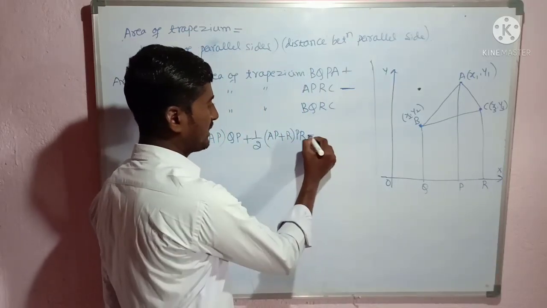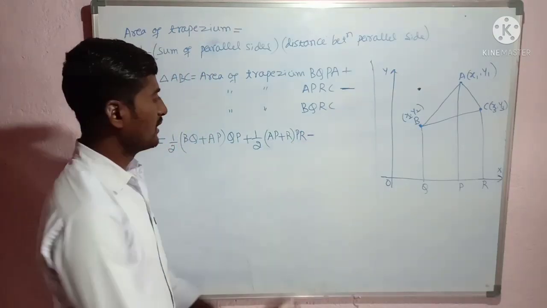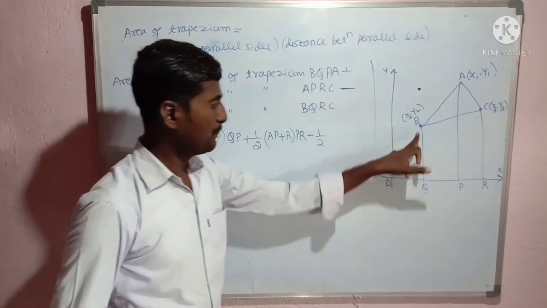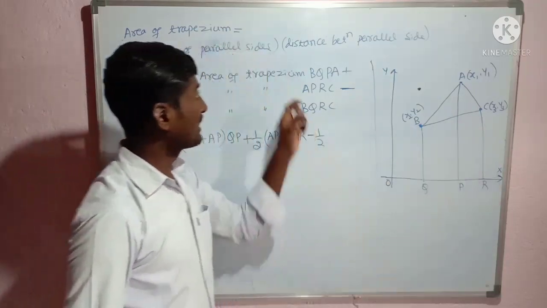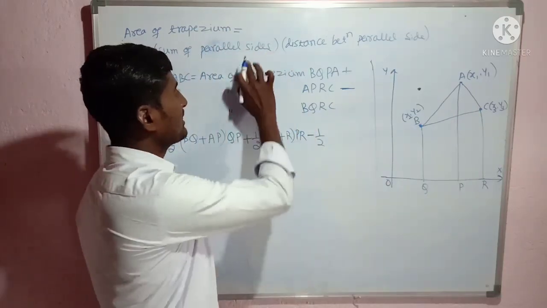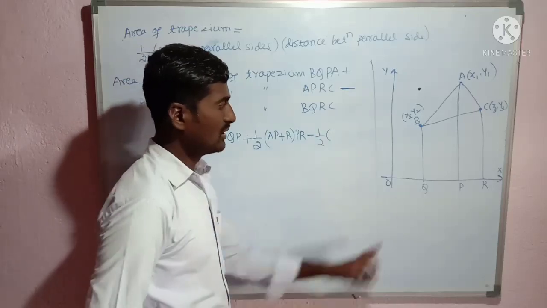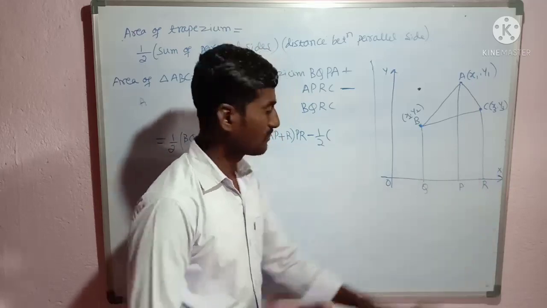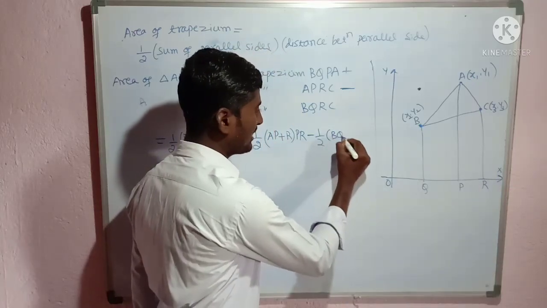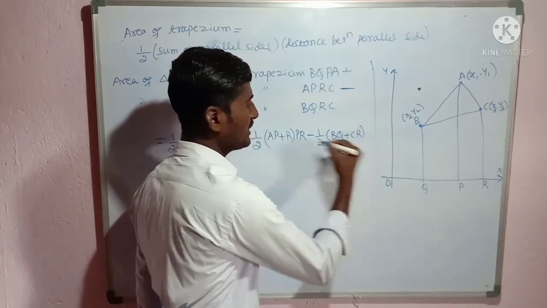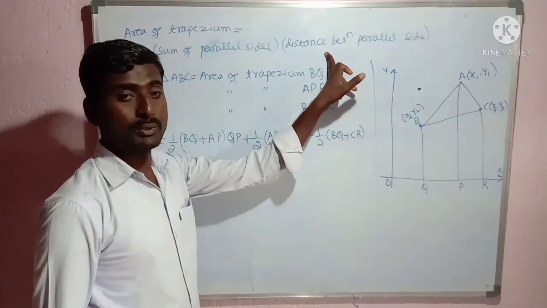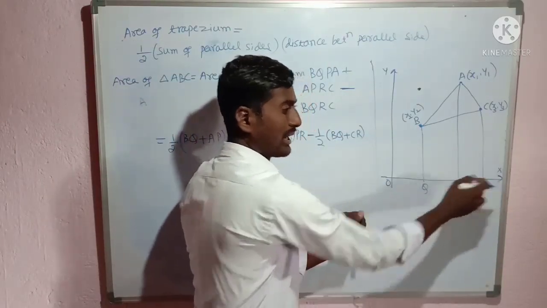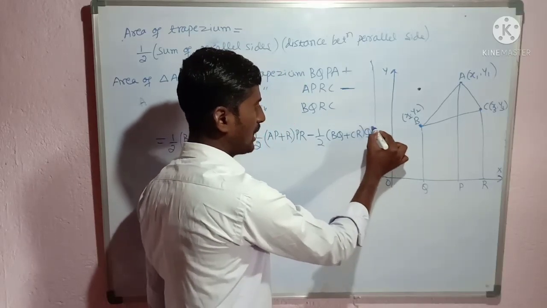Then last one minus 1 by 2 into, area of trapezium BQRC. Again same formula, 1 by 2 into sum of parallel sides. So in this one parallel sides are BQ and CR. BQ plus CR into distance between parallel sides. The distance between these two is what? QR it is. So that is QR.